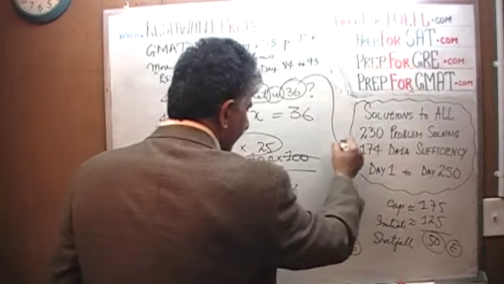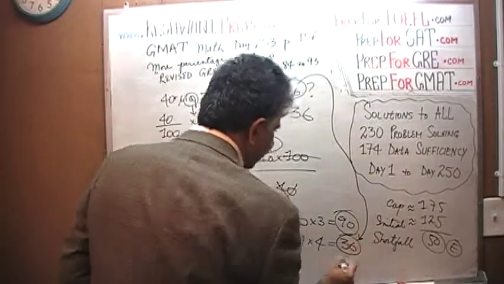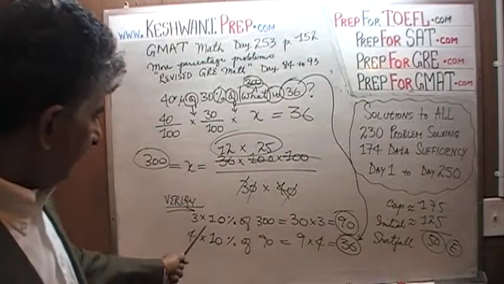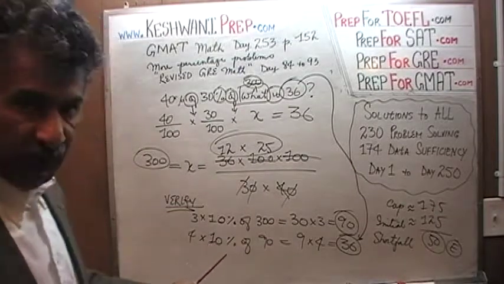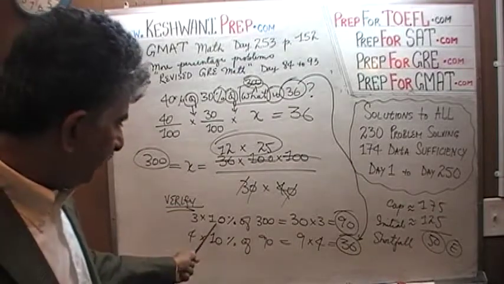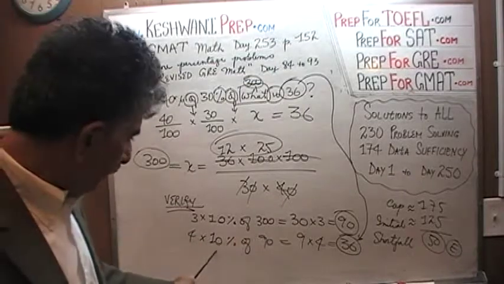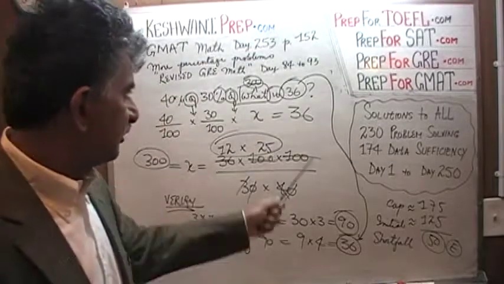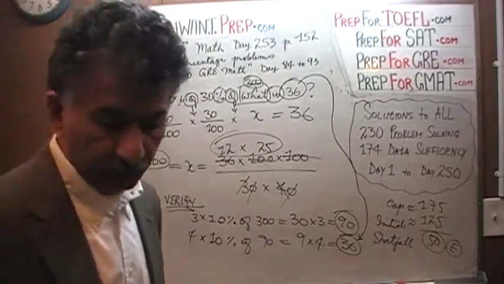It agrees. What we have found is 40% of 30% of 300 turns out to be 36, which is exactly what the problem says. So it is correct.